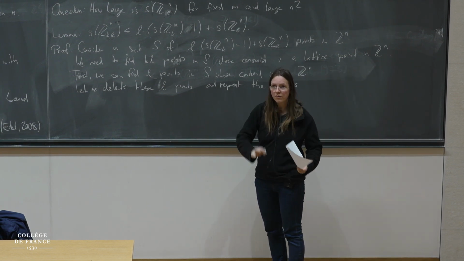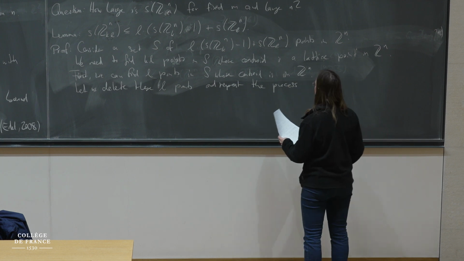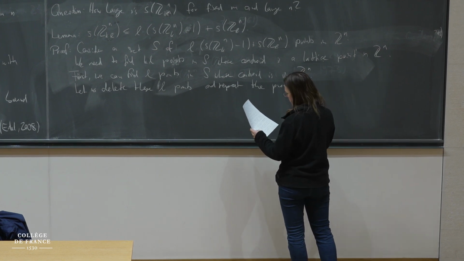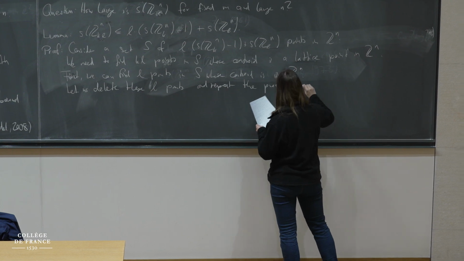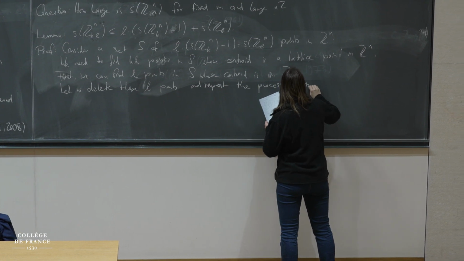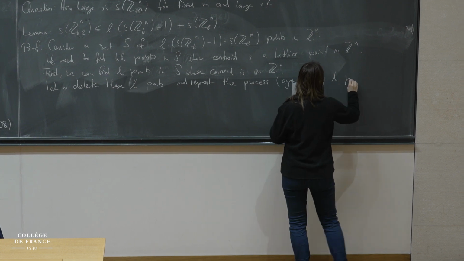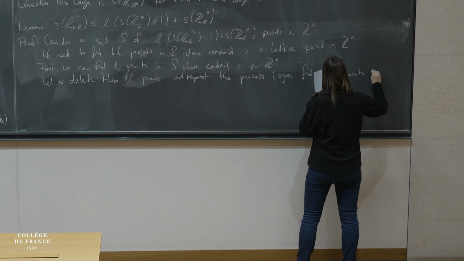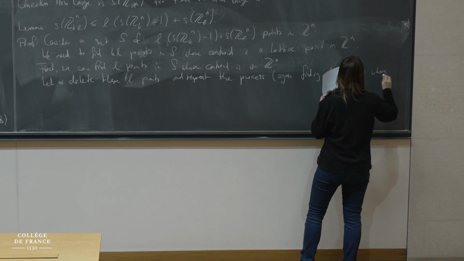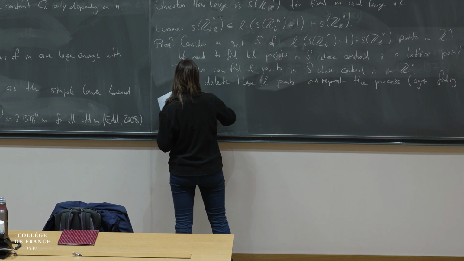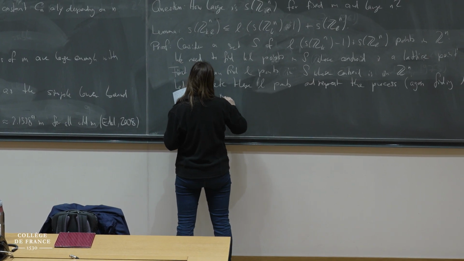So then we delete them, and so we keep going. So in each step we find a group of L points so that the centroid of these L points is in Z to the n. So again, at each step, finding L points whose centroid is in Z to the n.